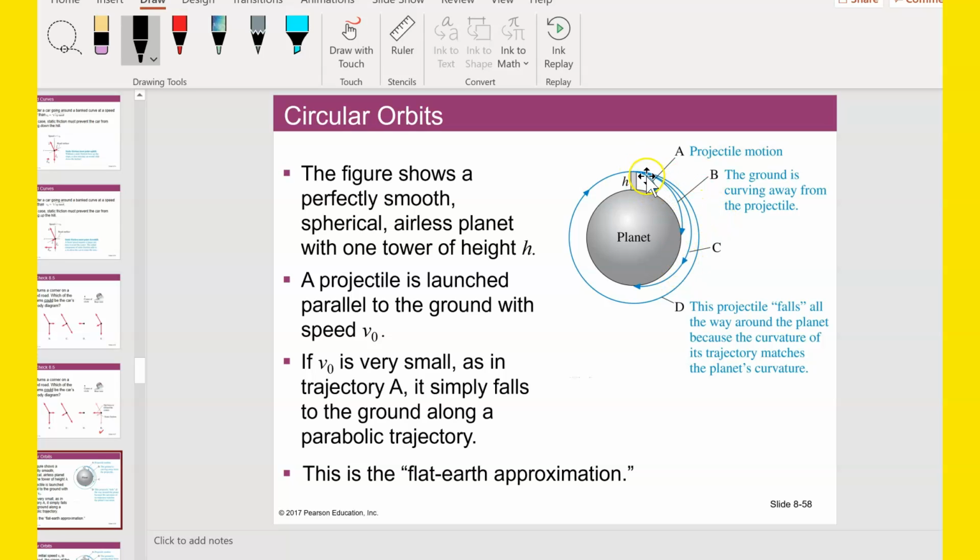It's a circular arc. And all of these are actually kind of circular, but just compared to the surface of the planet, it depends on the distance of the flight relative to the size of the planet, whether we count that. Alright, so this circular arc matches the circular surface of the planet.